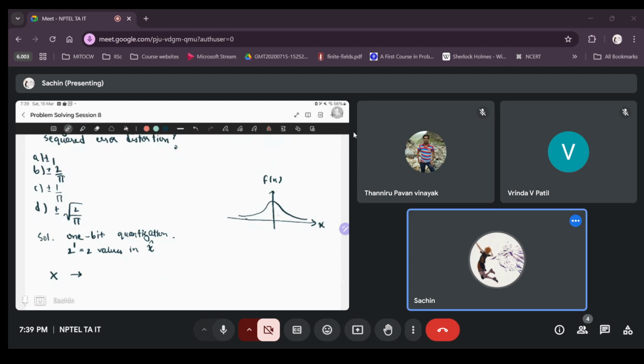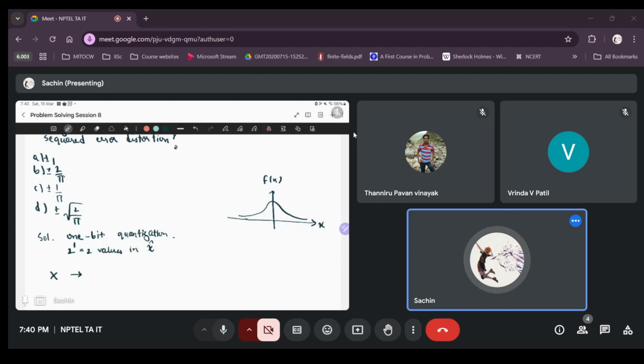Now you have two code words only, and you have to split this into two regions, such that when the x value is in one region, you encode it to that particular code word, and when your x value is in the other region, you encode it to the second code word.